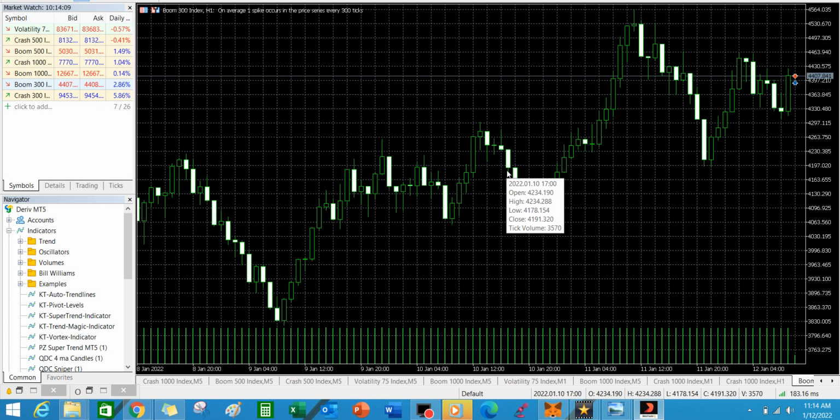I'm going to tell you something beautiful about this particular asset. This is actually Boom 300, and this is what happens: within every 300 ticks, it is most likely we have a spike within that period.